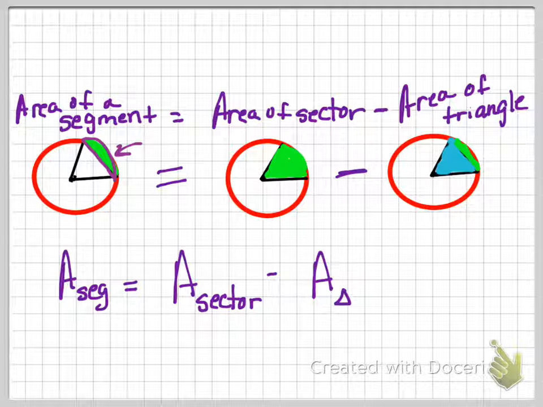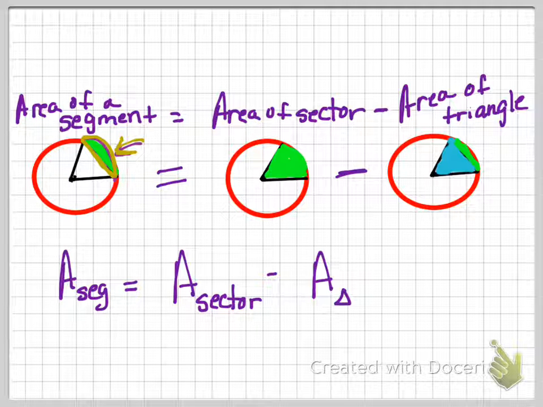The next thing we're going to look at is the area of a segment. Again, the segment is this little piece right here, just this little piece formed by this chord and that arc.